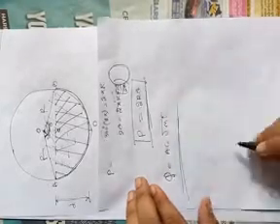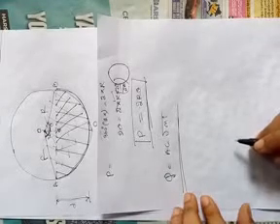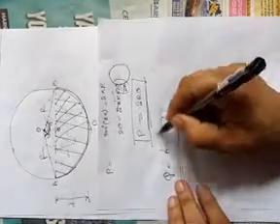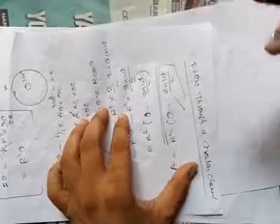You will get the final discharge rate of flow through a circular channel. The area is r square into theta minus sin 2 theta by 2, the area of the circular channel.